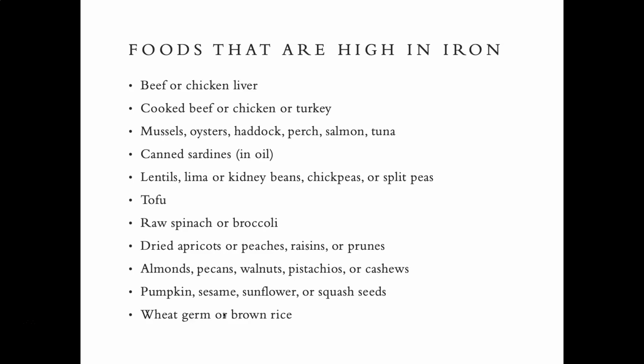So it includes beef or chicken liver, cooked beef or cooked chicken or cooked turkey, mussels, oysters, haddock, perch, salmon, and tuna, canned sardines that are in oil, lentils, lima or kidney beans, chickpeas or split peas, tofu, raw spinach or broccoli, dried apricots or peaches, raisins or prunes, almonds, pecans, walnuts, pistachios or cashews, pumpkin seeds, sesame seeds, sunflower seeds or squash seeds, wheat germ, or brown rice.